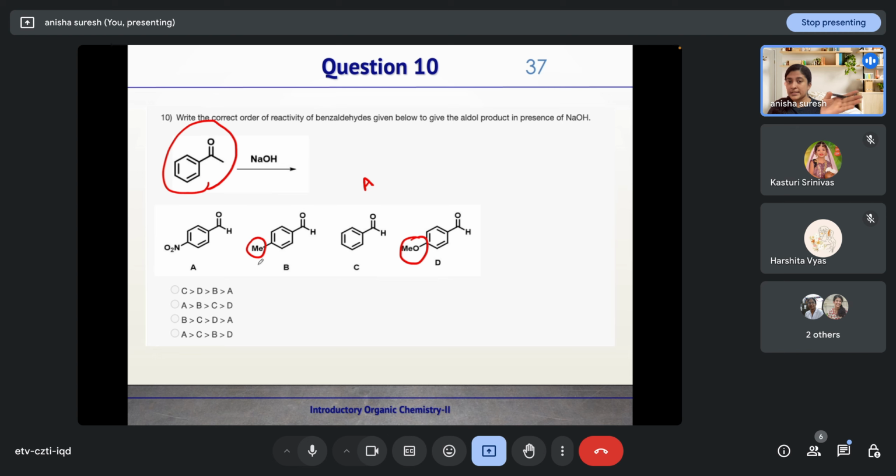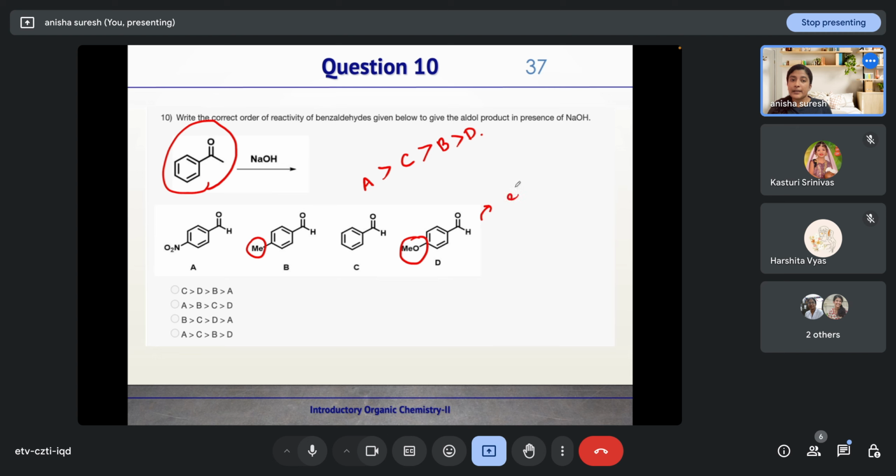It will donate electrons and hence the electrophilicity of this carbonyl will decrease. So A, then comes C. Compared to this, OMe will have an electron donating resonance effect as well as inductive effect. So then comes B, then comes D.